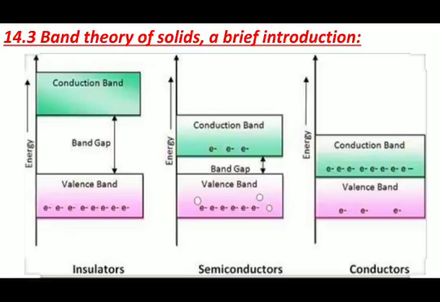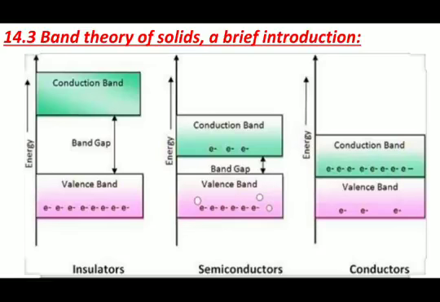The gap between the valence band and the conduction band is called the band gap, denoted by Eg, the energy gap. If this energy gap is greater than 3 electron volt, then no electrical conduction is possible. Note that the energy gap is so large that electrons cannot be excited from the valence band to the conduction band by thermal excitation. This is the case of insulators.